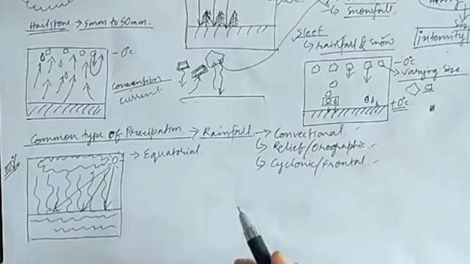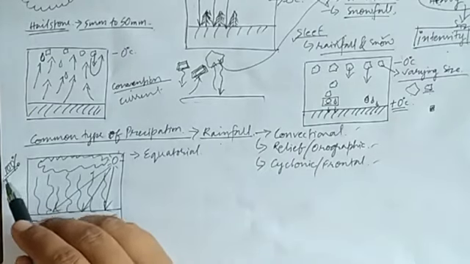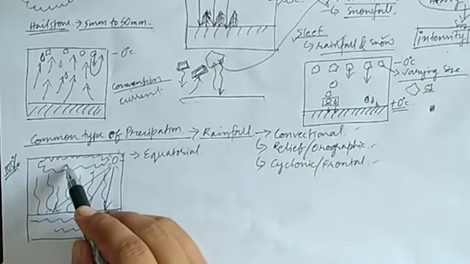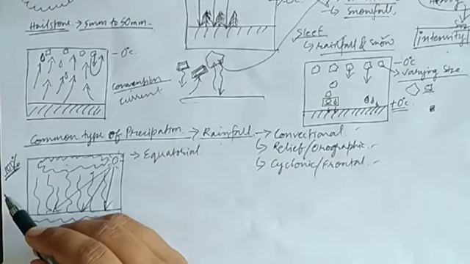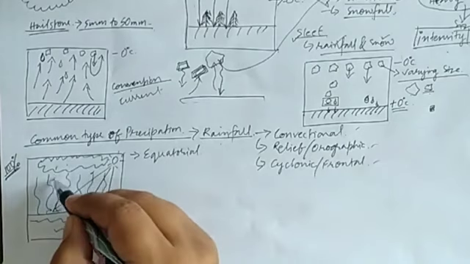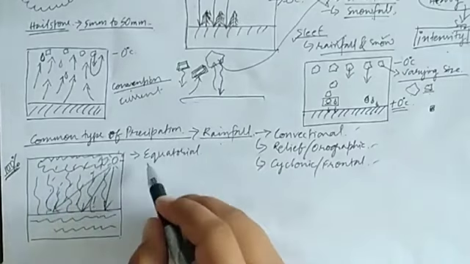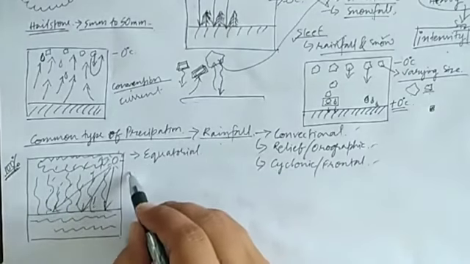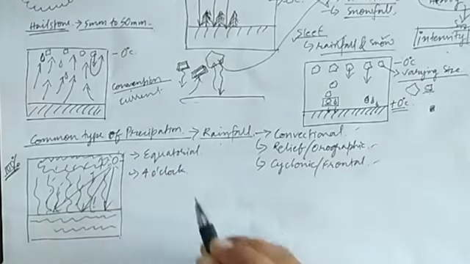Now in the evening time, the air or the cloud will become saturated, it will reach 100% relative humidity, and finally it will start raining.